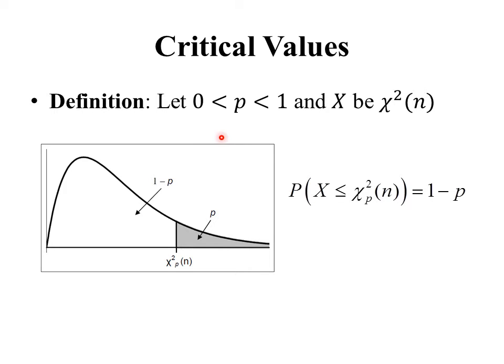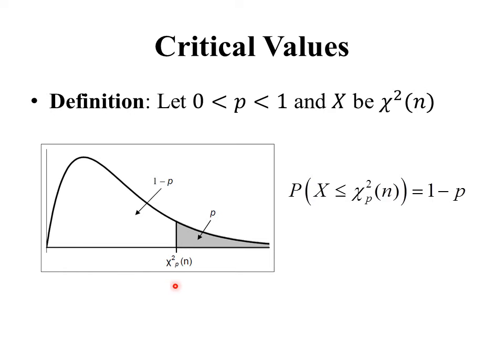And so the definition: let p be a number between 0 and 1, and x be a random variable with a chi-squared distribution with n degrees of freedom. So our critical value, denoted chi-squared sub p of n, is a positive number such that the probability that x is less than the critical value is 1 minus p.